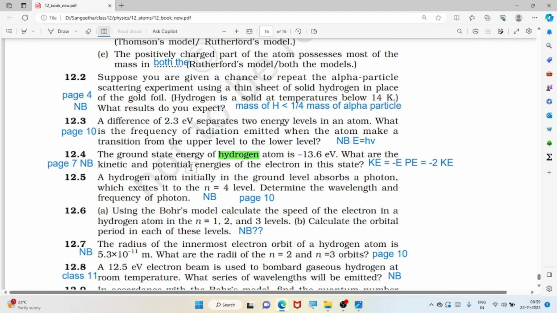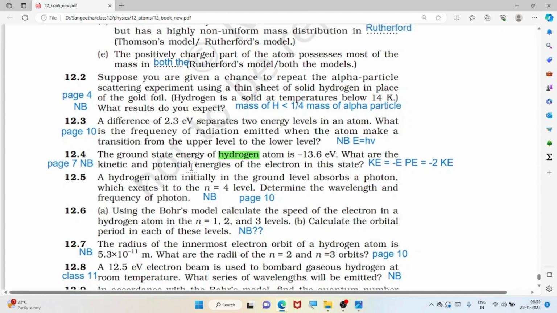A difference of 2.3 electron volts separates two energy levels in an atom. They have given the energy difference between the final and initial levels. What is the frequency of the radiation emitted when an atom makes a transition from the upper level to the lower level? The difference in energy equals h nu. They are asking for the frequency of the radiation.